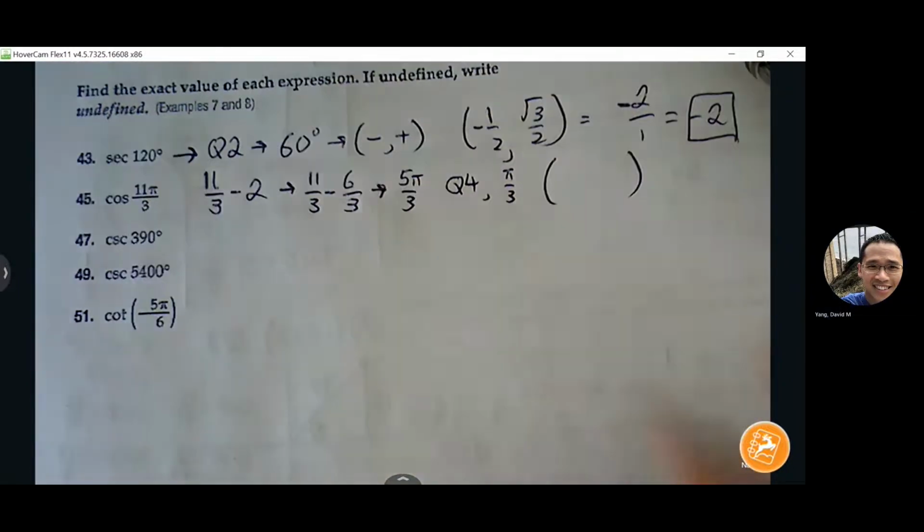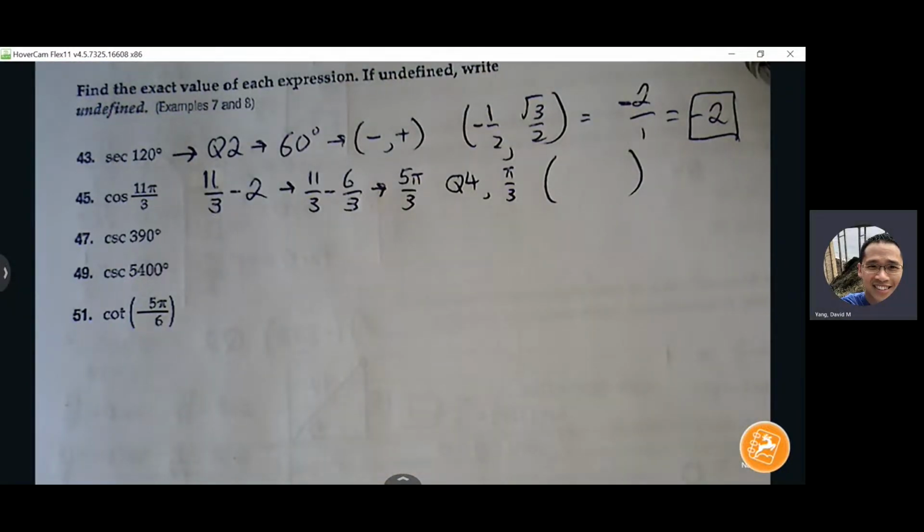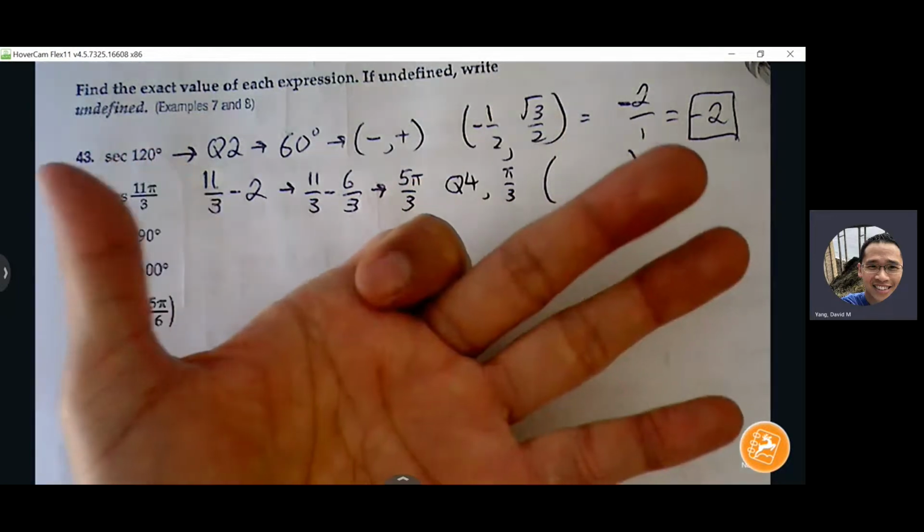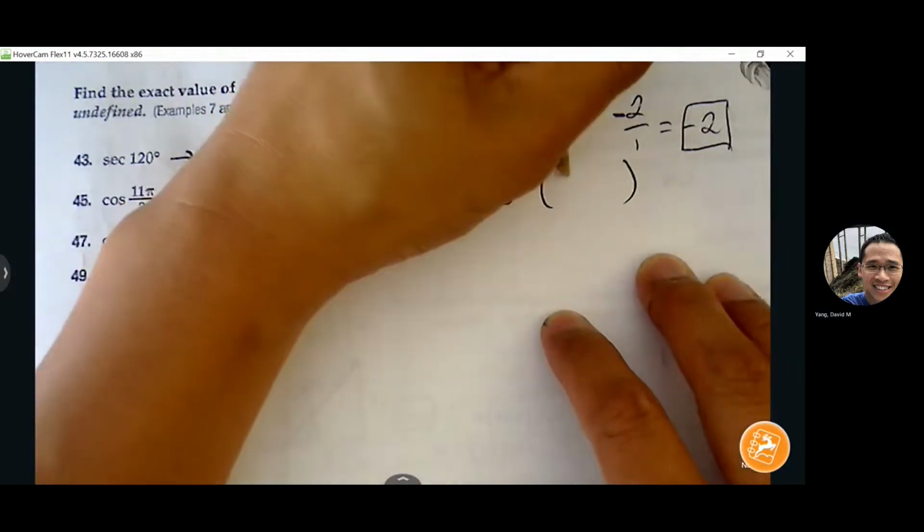Our sine is negative. Pi over 3, 60 degrees, 1, 2.